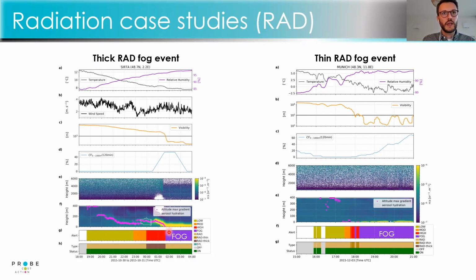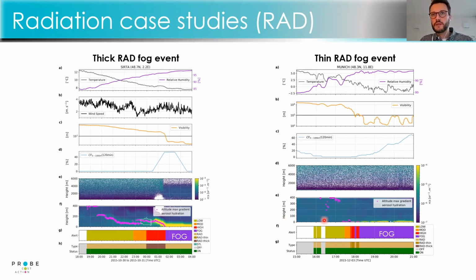The fog corresponds to the color violet. And just before this fog onset, you can see different colors like yellow, orange, and red, which means we have low, moderate, and high alerts that occur, let's say, 90 minutes before the fog event.